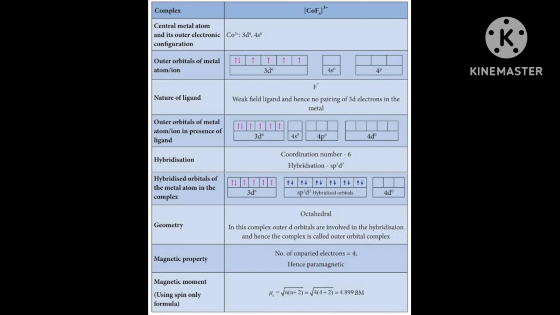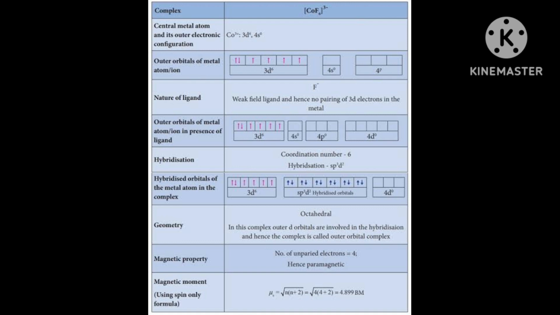In the first case inner took part, but now outer d is taking part. It means sp3d2. The outer 4d orbitals have taken part in hybridization.